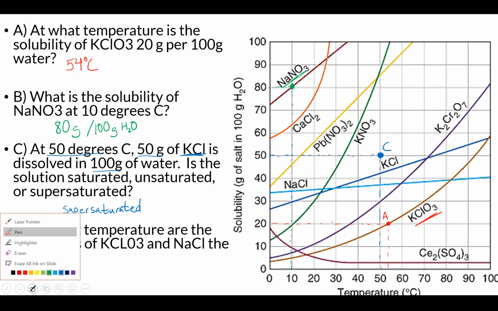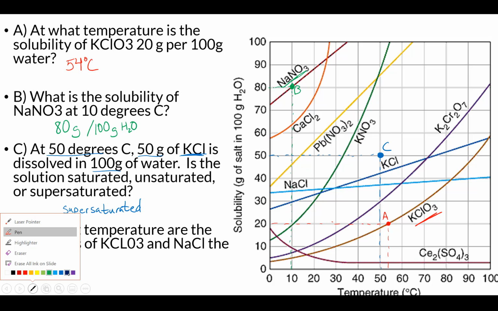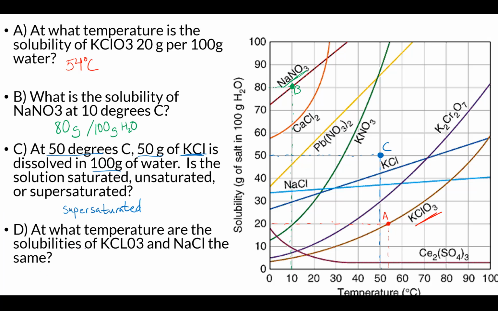Letter D, at what temperature are the solubilities of KClO3 and NaCl the same? Okay, so if our solubilities are the same, then the graphs will intersect. So let's find the graph of NaCl. That's this light blue one. And KClO3, where's that? It's this brown one over here.